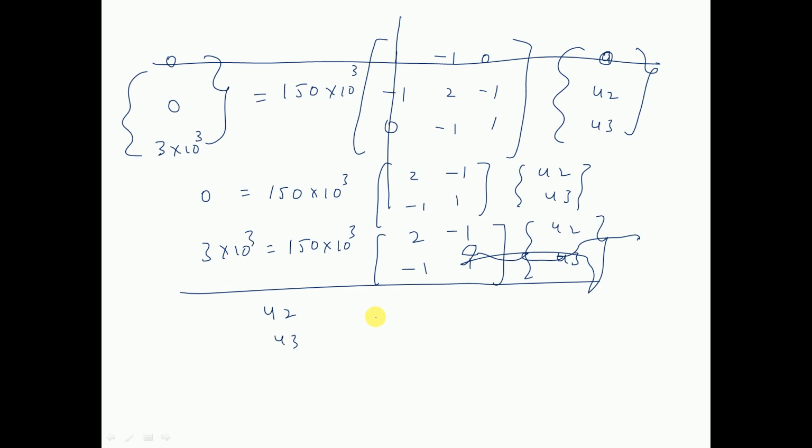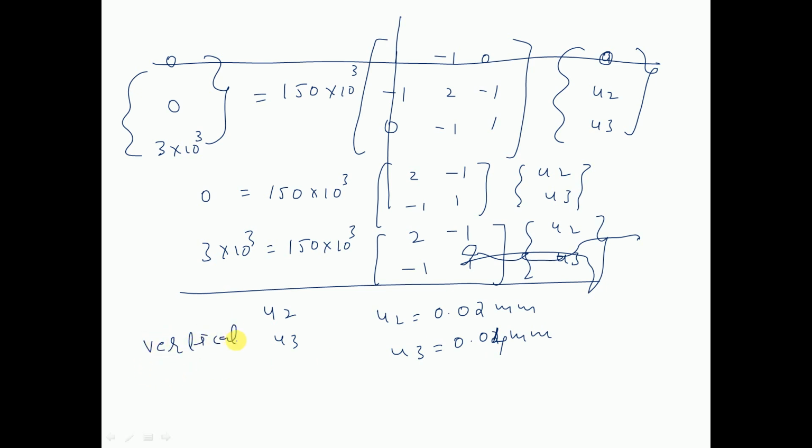What is u2? U2 is 0.02 mm and u3 is 0.04 mm. In the question they asked for the elongation of the bar at the point of the load, that is u3 equal to 0.04 mm. We have to verify this with the traditional formula.